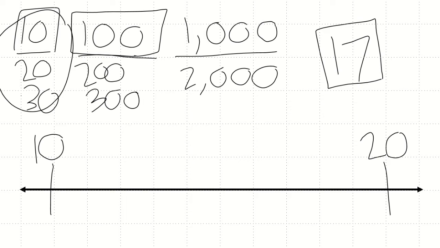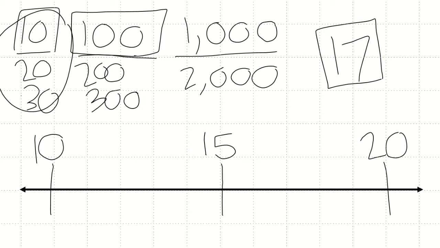So we really are going to think of that 5 as our halfway point when we are rounding. So I'm going to put in my halfway point. 1, 2, 3, 4, 5, 6, 7, 8, 9, 10. So my halfway point would be here. The halfway point between 10 and 20 would be 15.